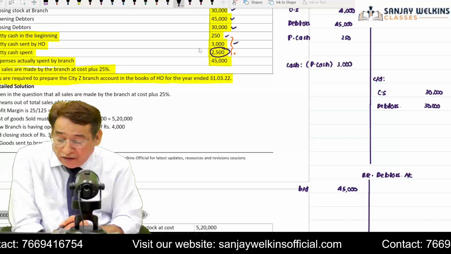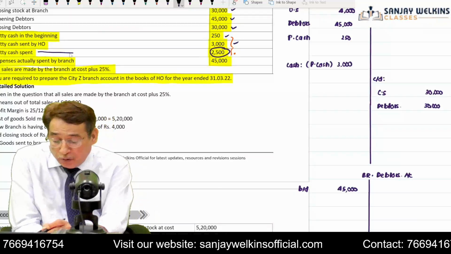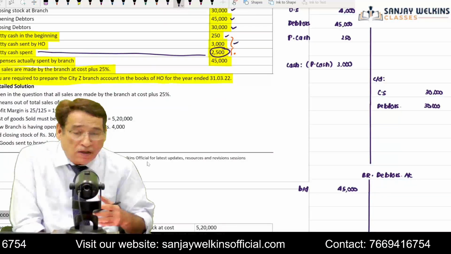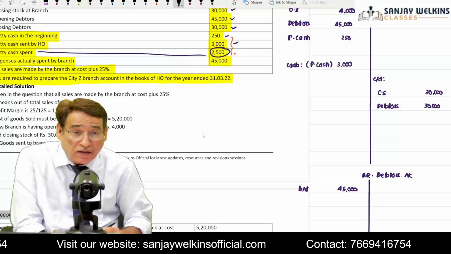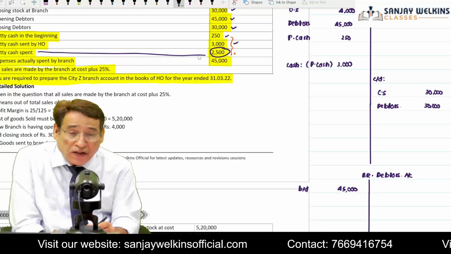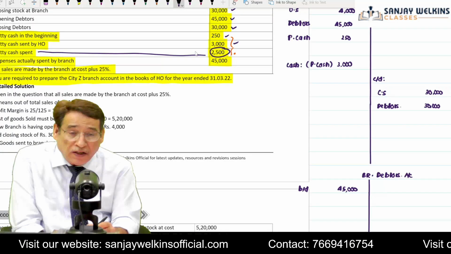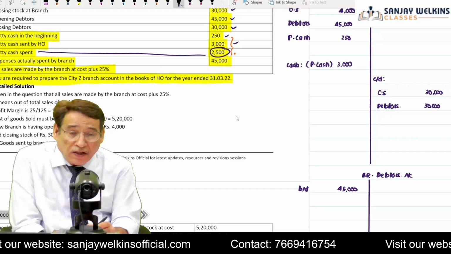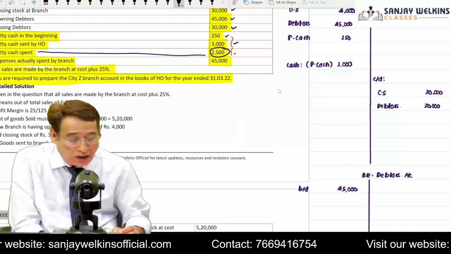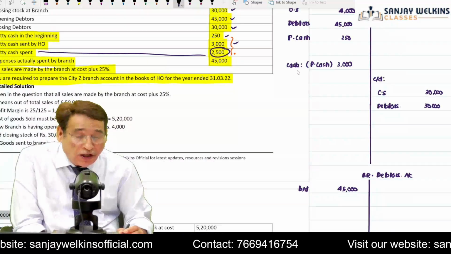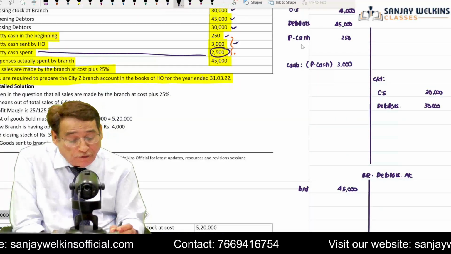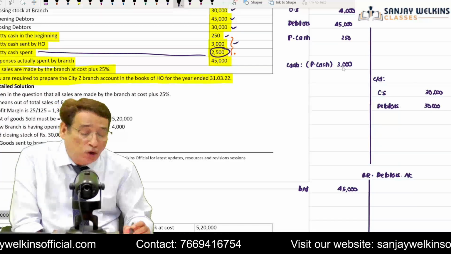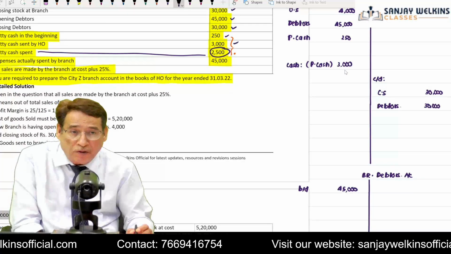Now here this line which is given, petty cash spent is equal to 2,500. So the branch manager has actually spent 2,500 in this case. As I was talking about this particular fact, the branch manager is already having 250 worth of petty cash, and in the current year some more petty cash has been sent by head office to the branch.